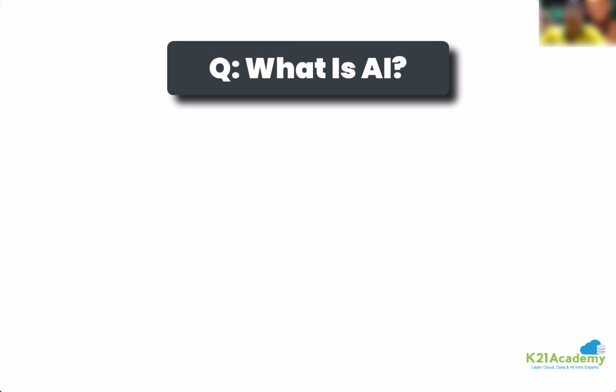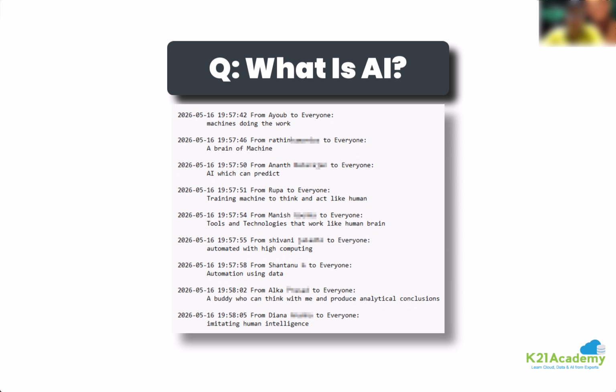What is AI according to you? Let's start with the bare minimum. I know a few people would have already attended some courses, but I want to quickly show you the evolution of AI to agentic AI. And then I want to take you into that agentic AI world. What is AI? Put your answers in the chat box.